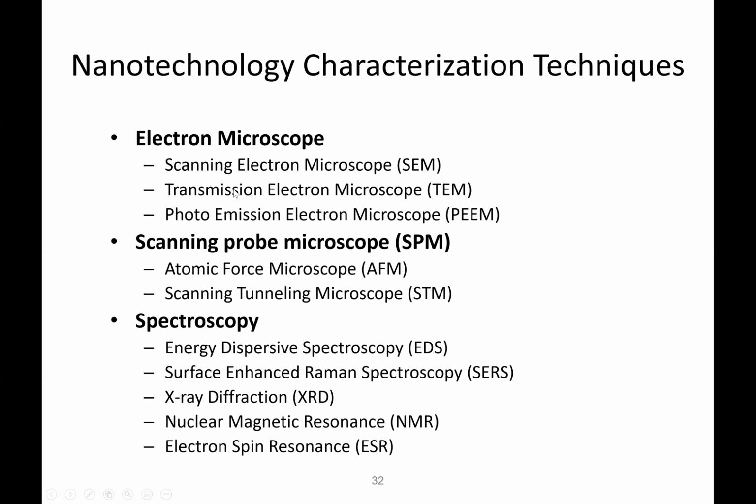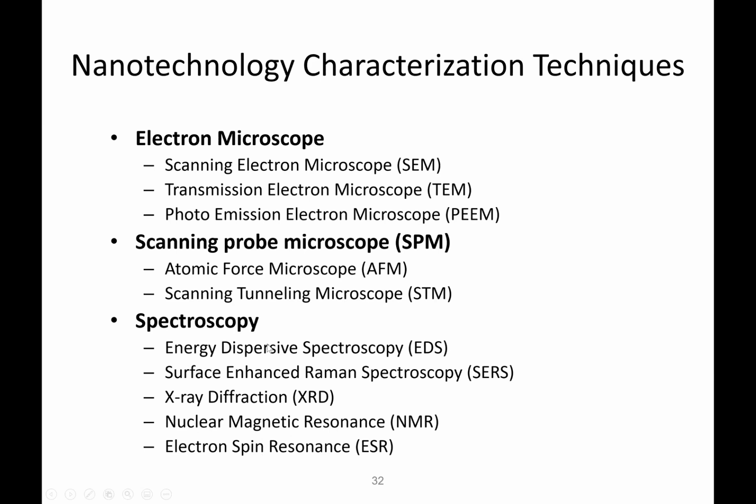There are three different types. One is electron microscopes. The second one is scanning probe microscope. The third one is spectroscopy. But mostly I'm going to talk about the electron microscope and scanning probe microscope, which can measure or observe the surface structure. Spectroscopy is mainly to analyze the materials, to see what's going on inside, like the crystalline structure or chemical composition, atomic composition, how they are aligned, what kind of impurities are there, and how they behave.